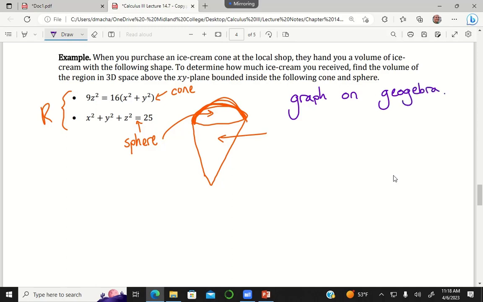But GeoGebra is very picky, so I have to remember how to do this. I'm going to rearrange this first equation to solve for z. So that means z is going to be equal to the square root of 16 over 9 times x squared plus y squared.